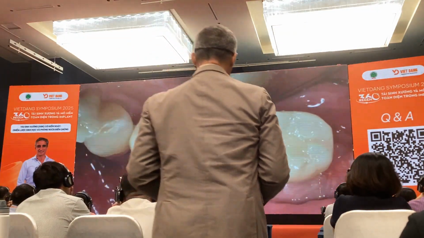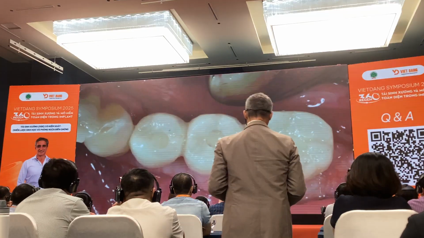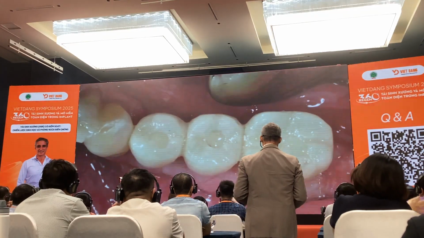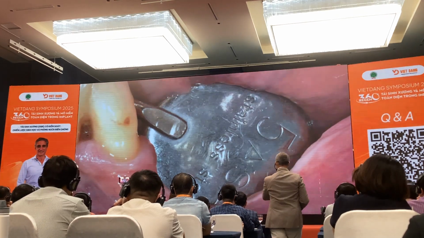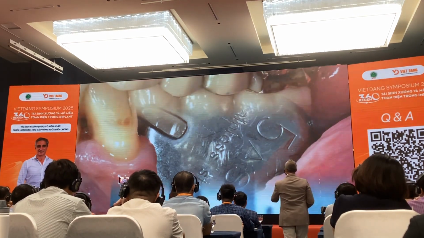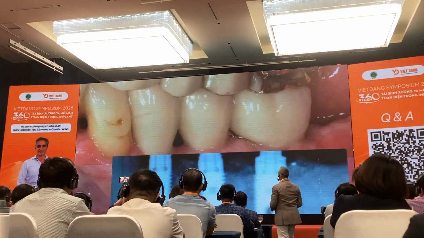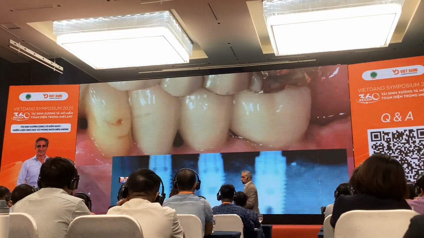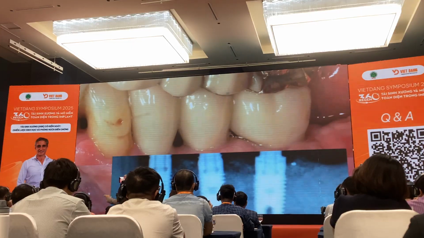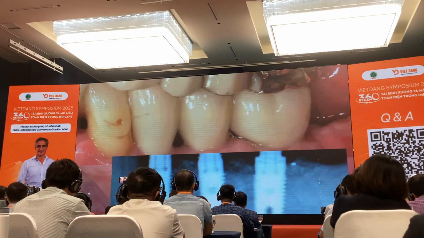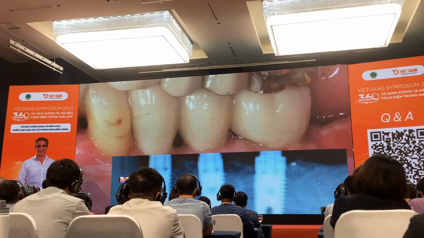And the temporary crown or definitive crown, I don't remember. And from here, we restore three-dimensionally the missing bone volume, but also create the conditions for a good prognosis of our implants. So this is the one-stage approach.